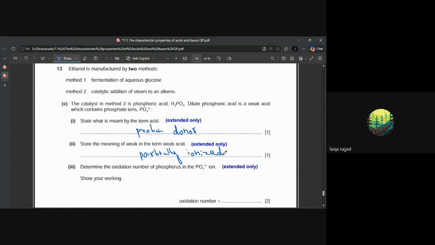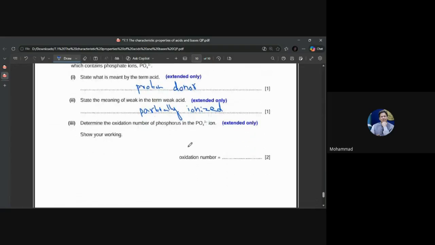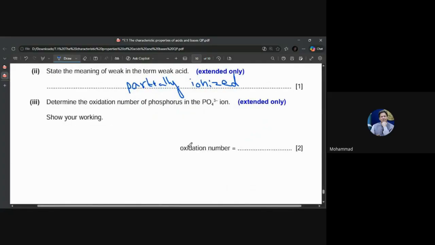Okay. You have to determine the oxidation number of phosphorus in phosphate ions. Do we know the oxidation number?